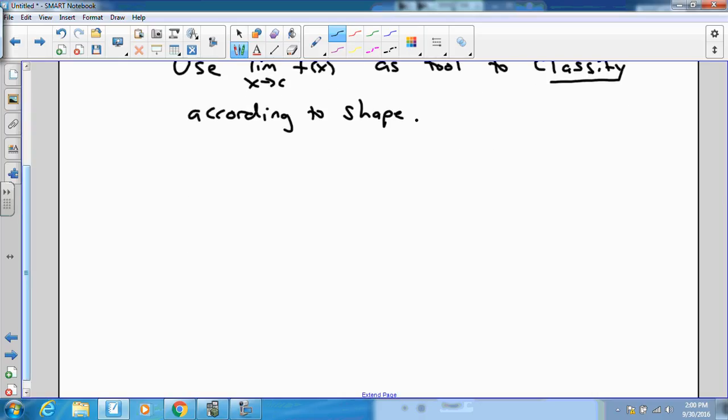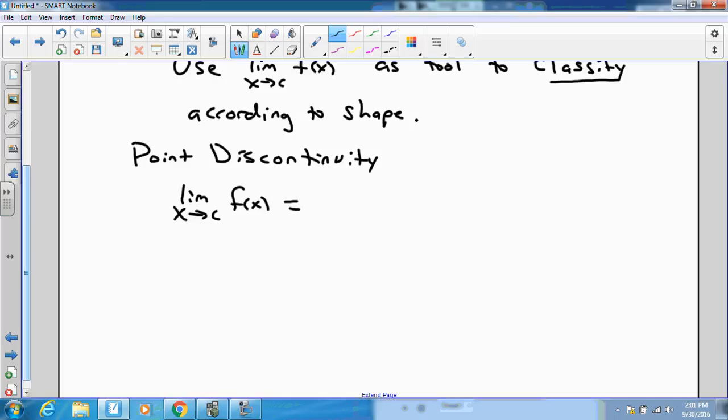The first possibility is the point of discontinuity. And this occurs if the limit as x goes to c of f of x is equal to some real number L. When the limit as x goes to c of f of x is equal to L, this means that the shape of the graph of f near x equals c has to look like this.